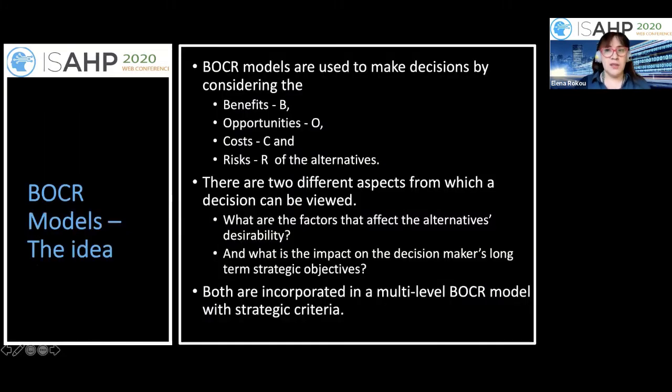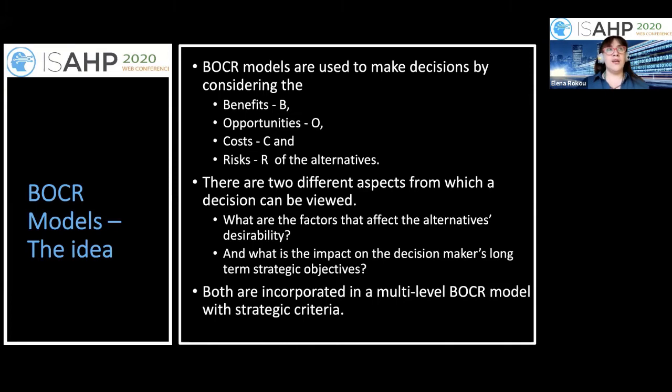The BOCR models are used to make decisions by considering the benefits, opportunities, costs, and risks of the alternatives. And these are really two different aspects from which a decision can be viewed. What are the factors that affect the alternative's desirability on one side, and what is the impact on the decision maker's long-term strategic objectives?